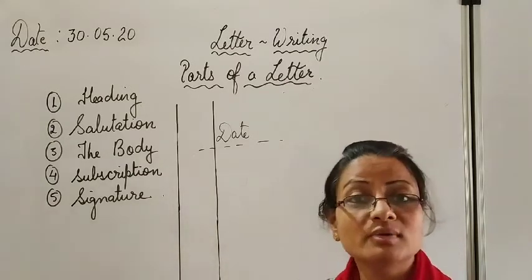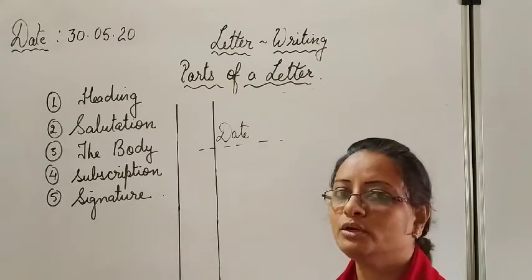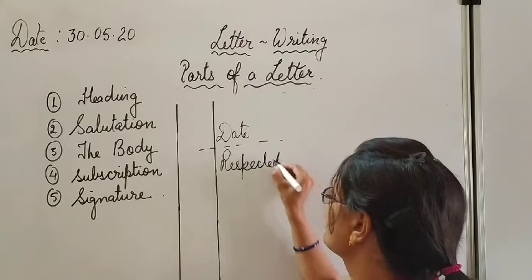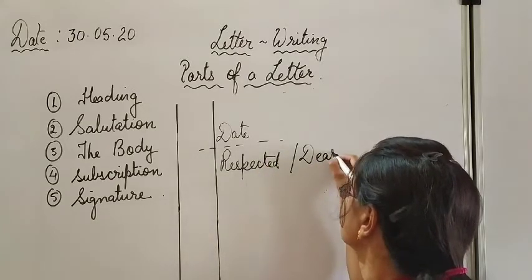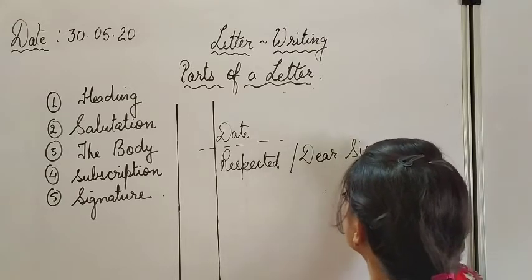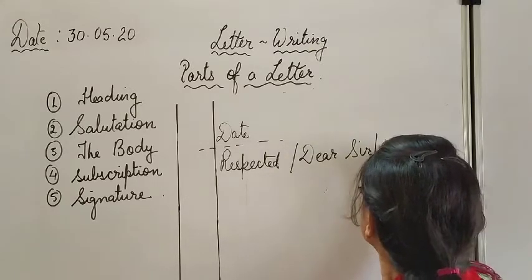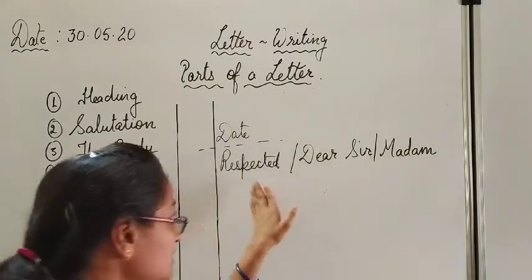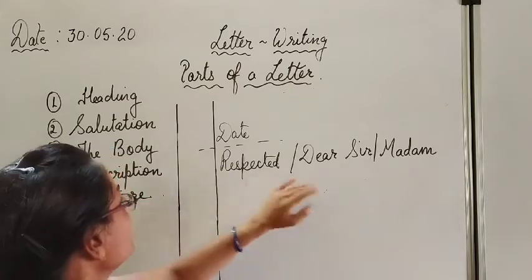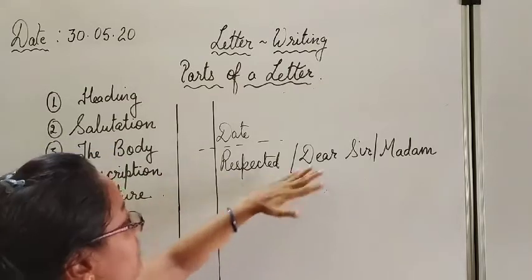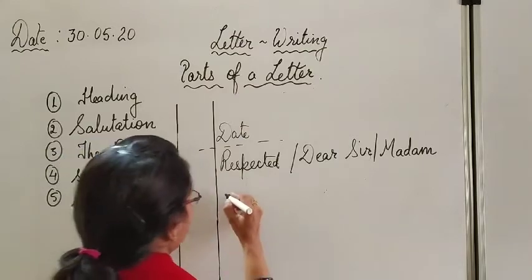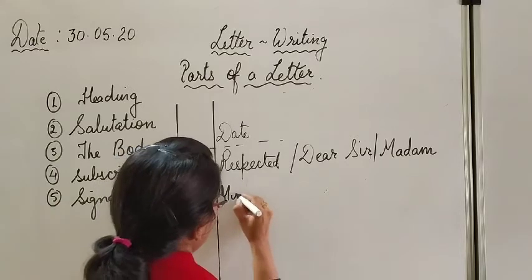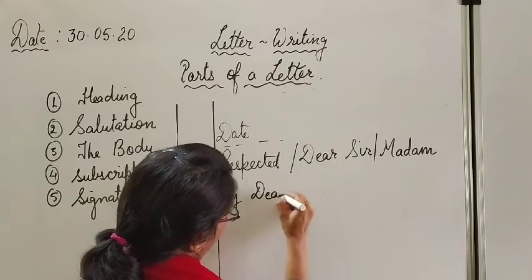First, let us talk about formal letters. In formal letters, as I have already told you, you may write respected or even dear, sir or ma'am, accordingly to whoever you are writing the letter to, without any comma after that. This way you will write the salutation in the formal letter. In case of informal letters, if you are writing to your parents, uncles or relations, write my dear.